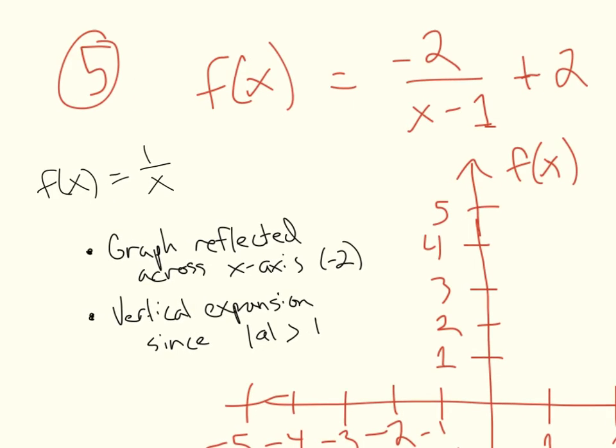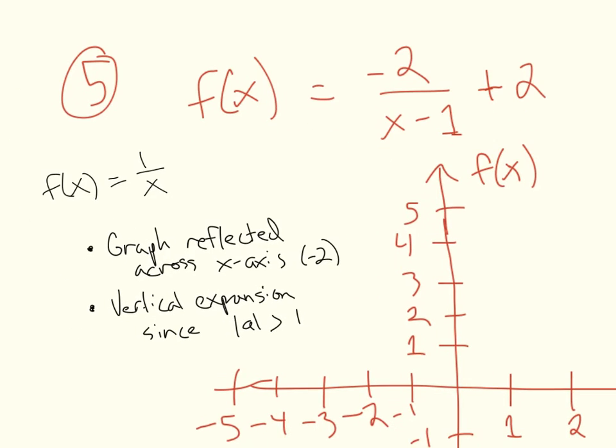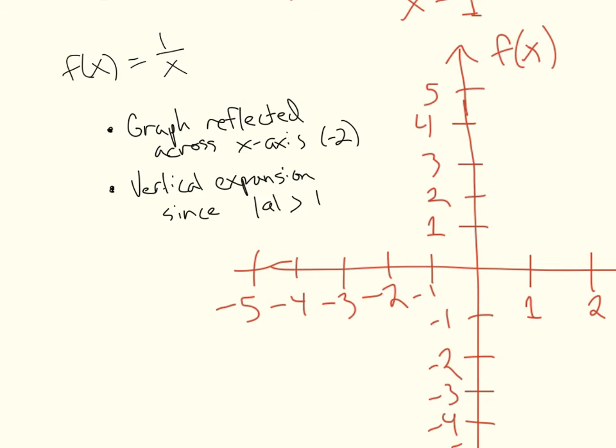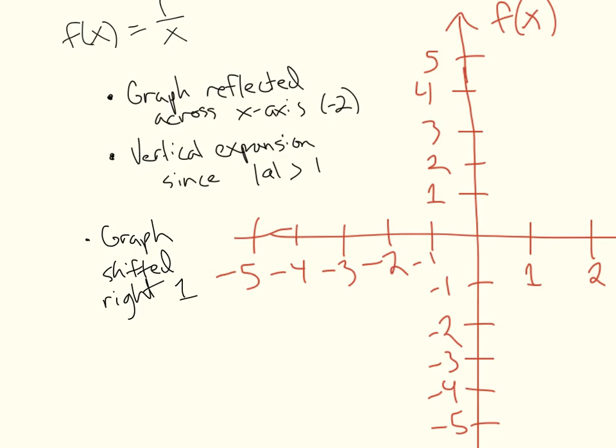Okay, looking at this graph as well, what happened here to my x minus 1? That means our graph gets shifted to the right 1 place. So the graph is shifted right 1, which basically means our vertical asymptote, so our VA, is at x equals 1.